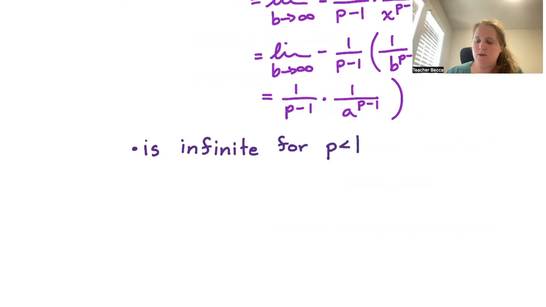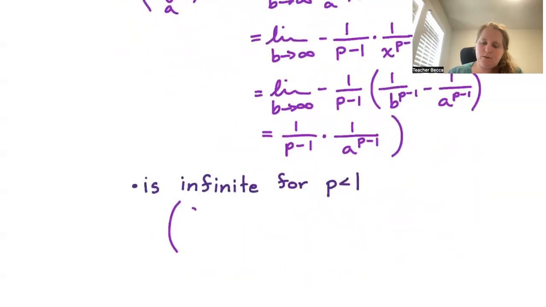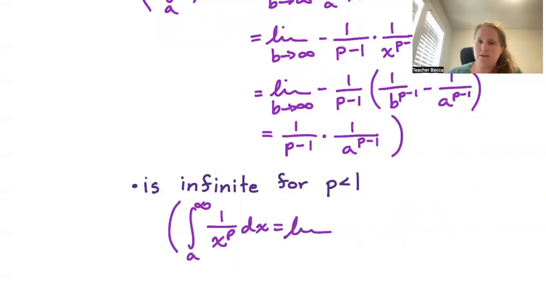So in this case, our integral from a to infinity of 1 over x to the p dx, again, is our limit as b goes to infinity of the integral from a to b of 1 over x to the p dx.